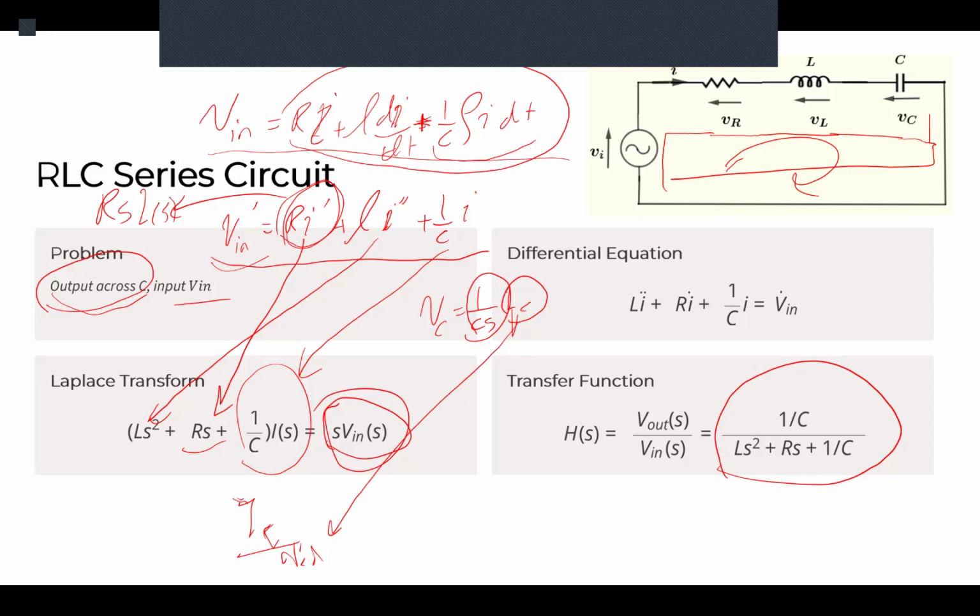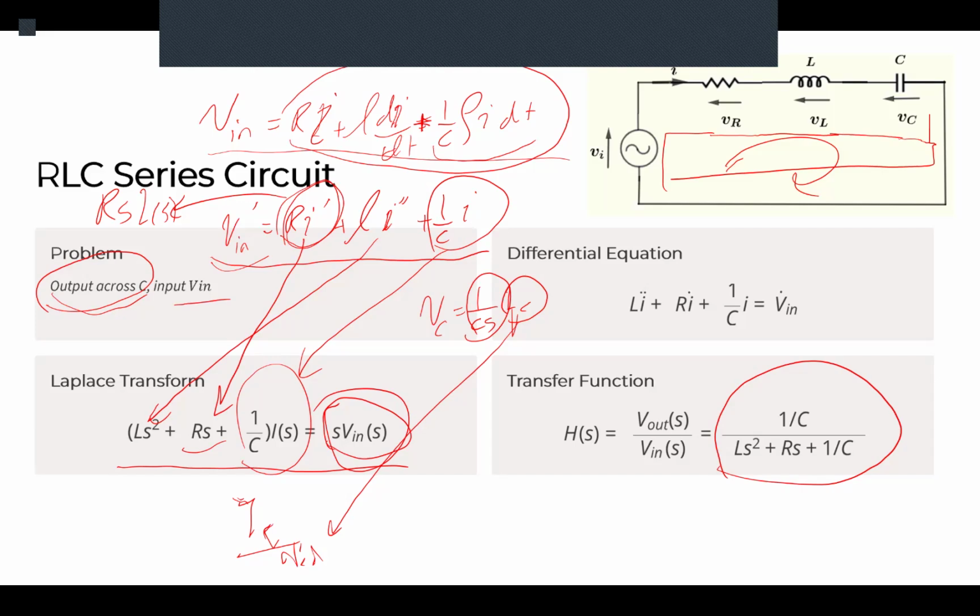Are we clear? This one is a simple coefficient times the function, so it becomes 1 over C times the Laplace of I. So now we have this equation that relates the current to the input voltage.